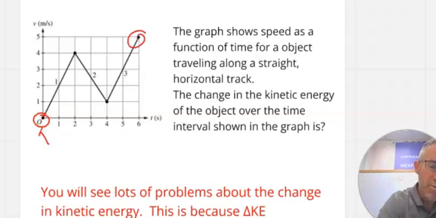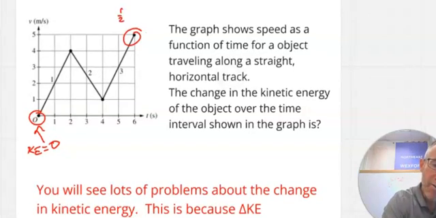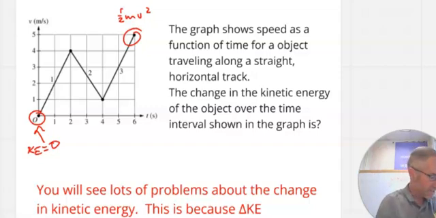Now that starting point, of course, is no velocity, and we know how important kinetic energy is tied in with velocity, so if I did 1/2 mv squared here, I'd get 0. At the other side, we'd have 1/2 the mass times the velocity squared. This is a 0.2 kilogram object.